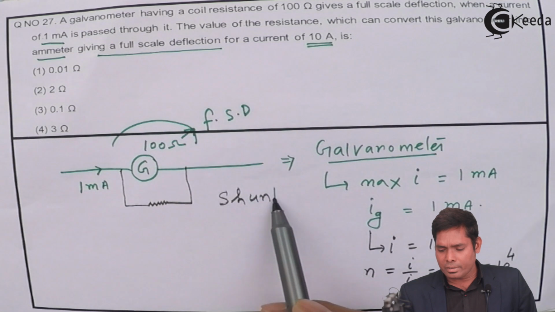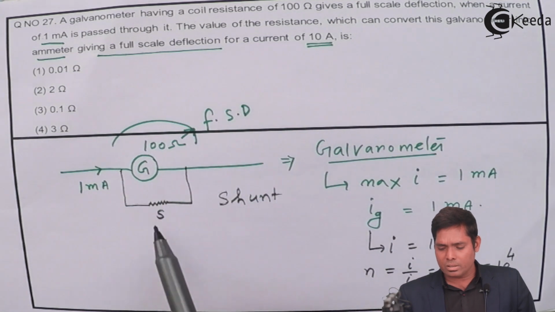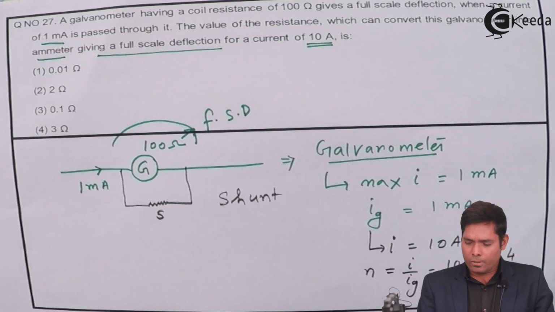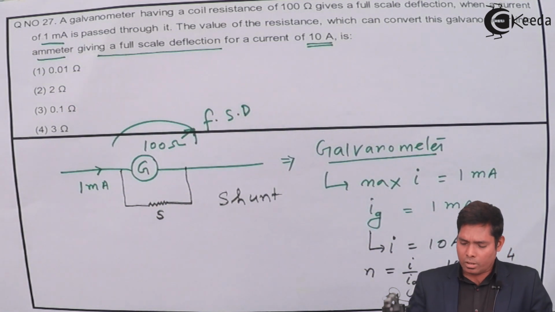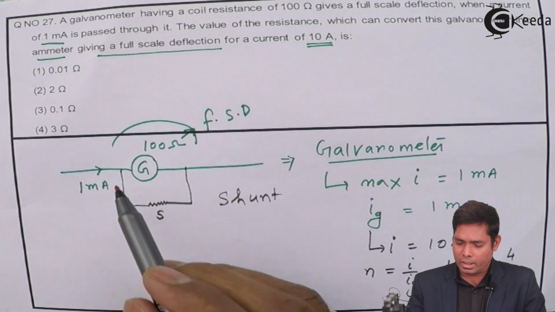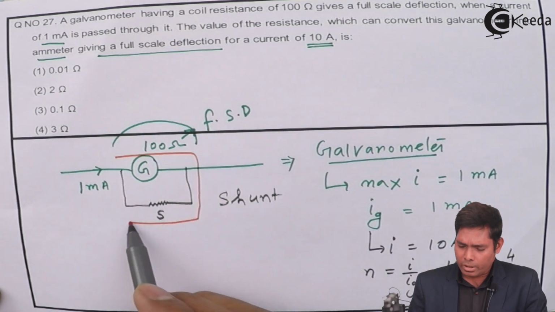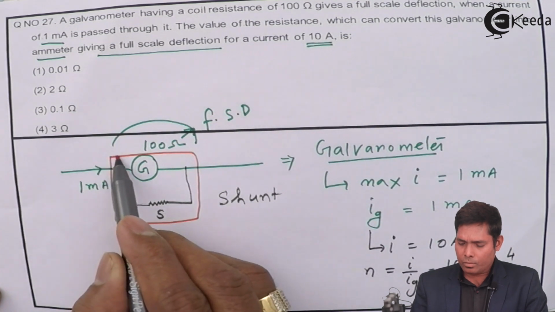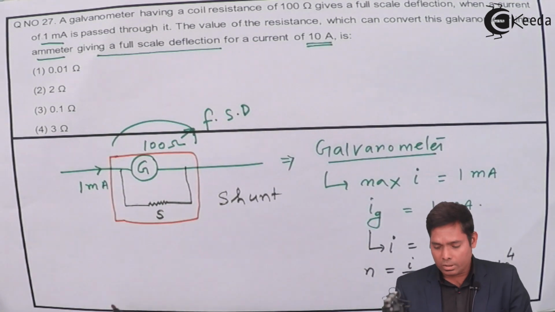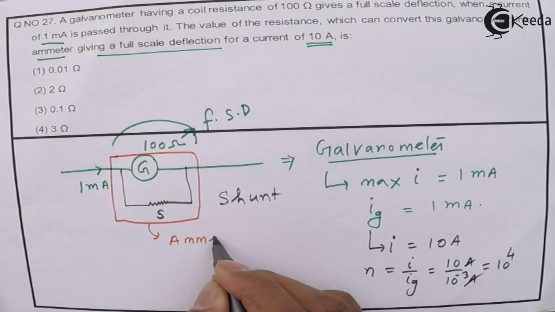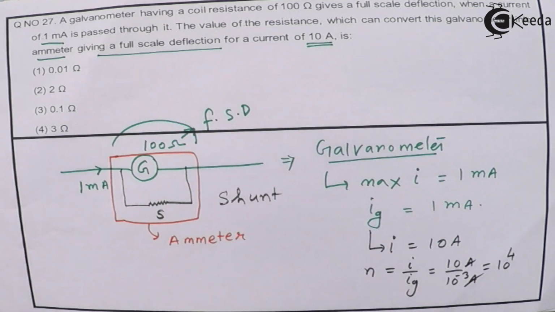If you shunt this with a small resistance, then this new device formed, the galvanometer together with the shunt, is called an ammeter. This now is an ammeter, and it has a better range of current measurement.